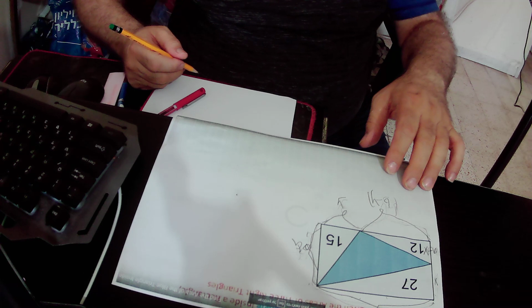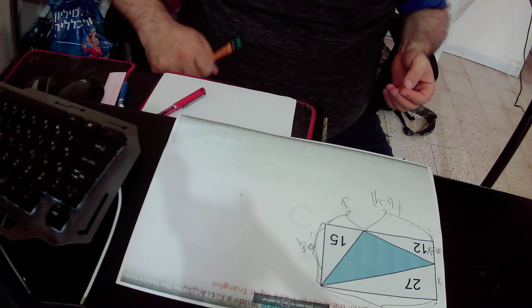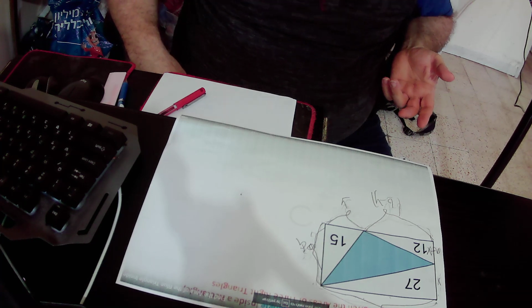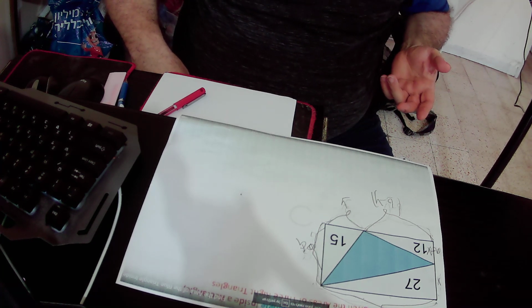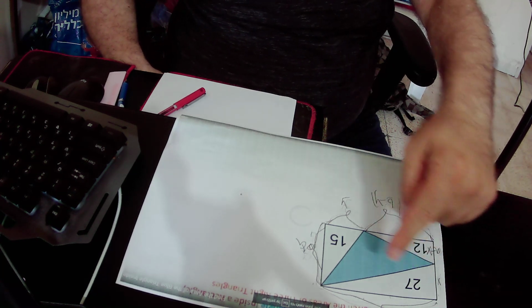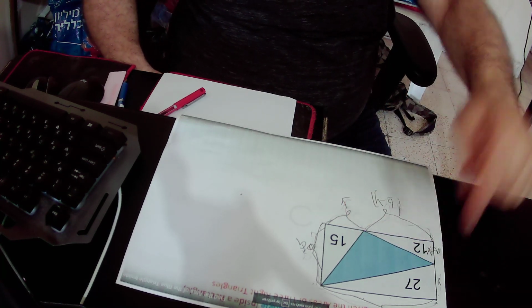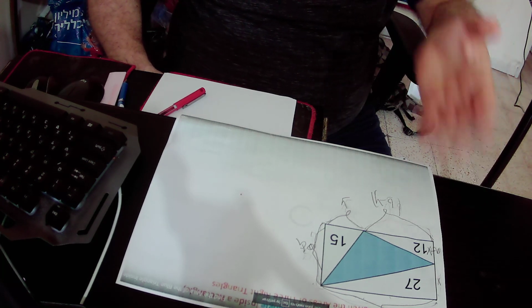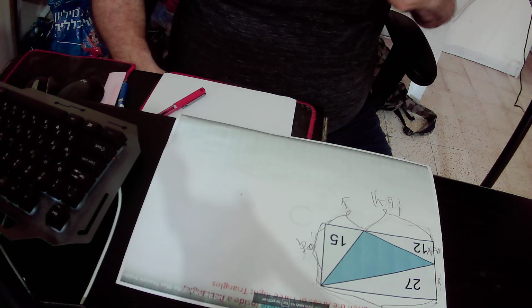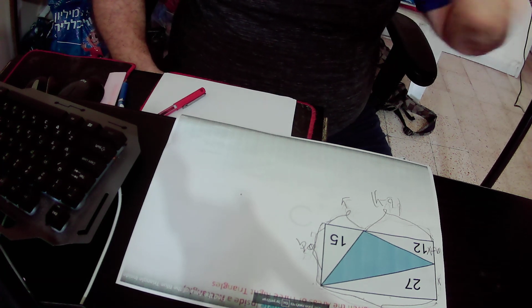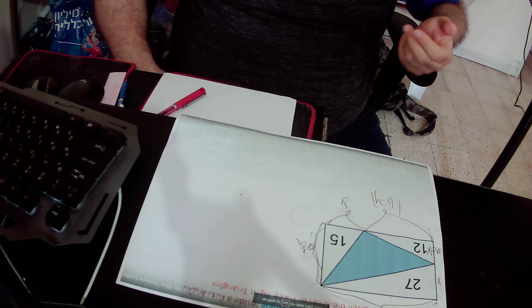Okay, so now we can calculate the area of these three triangles. We of course know what is the area because it is given, but we will create the formula for the area.